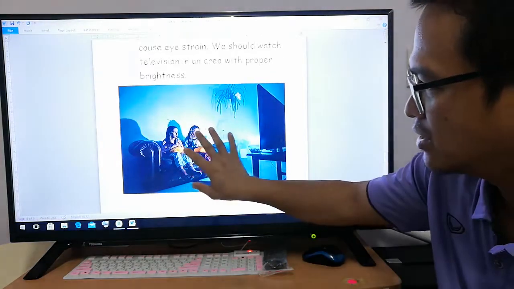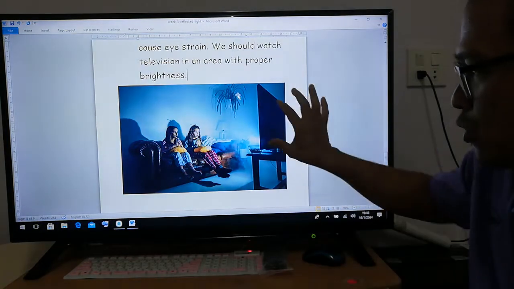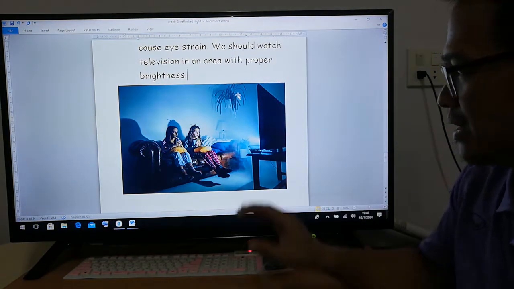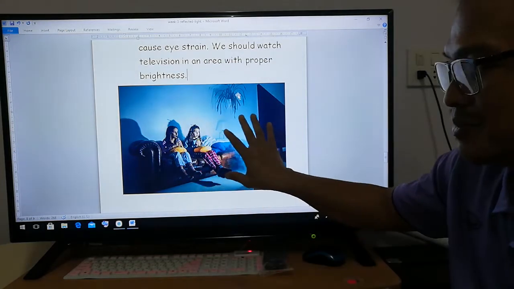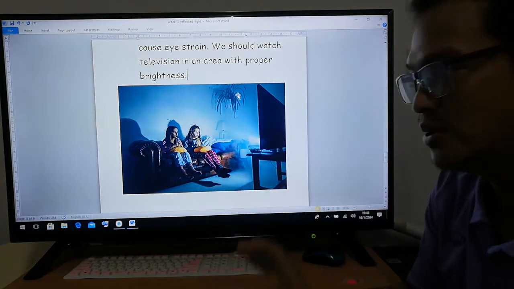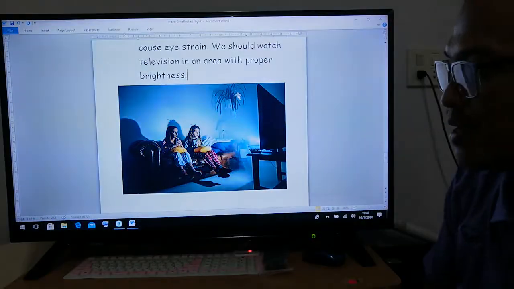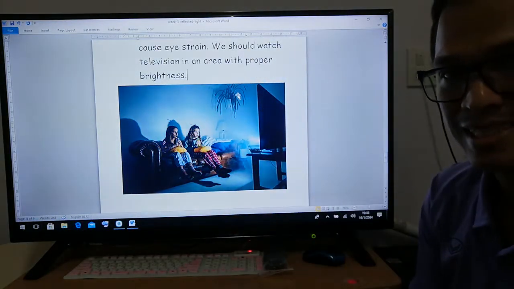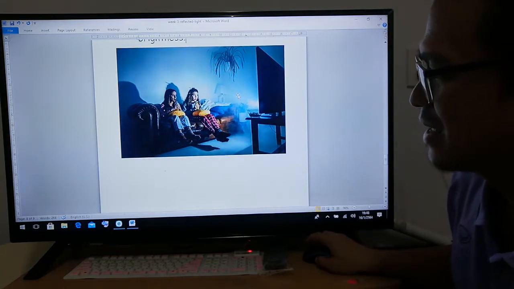In this image, we can see that the room is dark. Only the TV is showing light. This is not good. Don't do this all the time. If you're going to watch TV, you might as well put on the lights. Next.